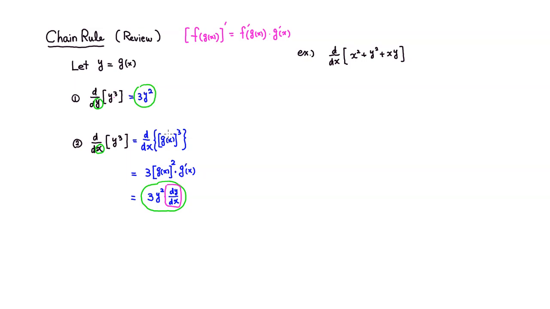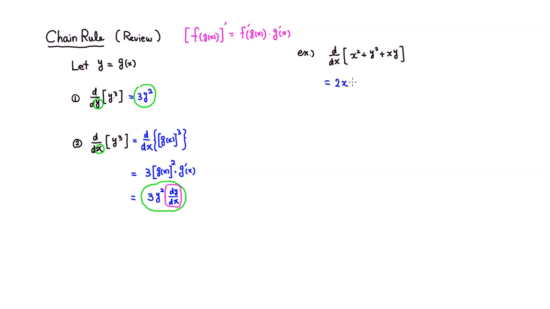So let's look at a simple example so that we can apply these differences. Let's say we want to take the derivative of x squared plus y squared plus x times y with respect to x. What kind of derivatives can we get? If you take the derivative of x squared with respect to x, the variable matches, so this is a regular derivative: the derivative of x squared would be 2x, no problem.